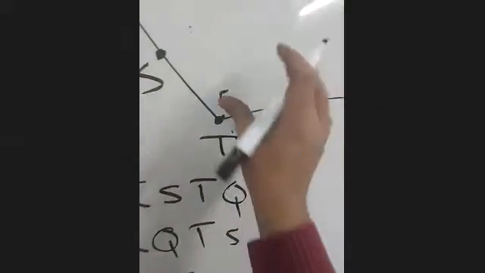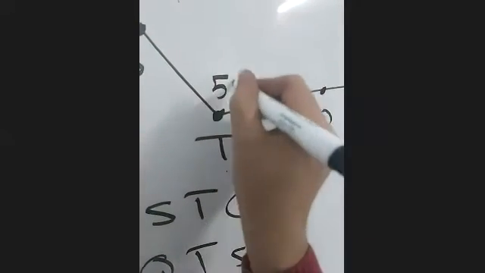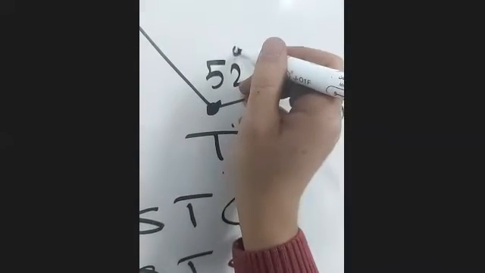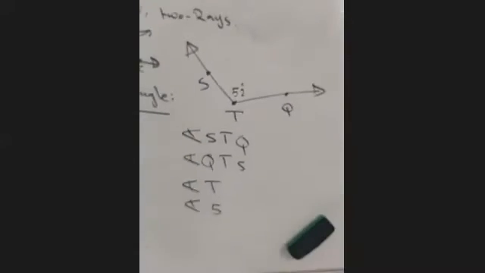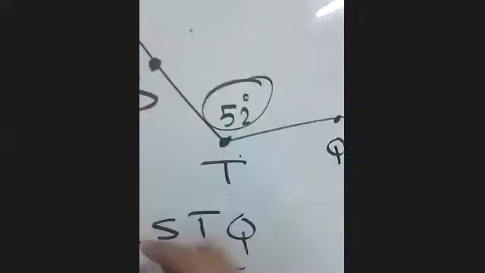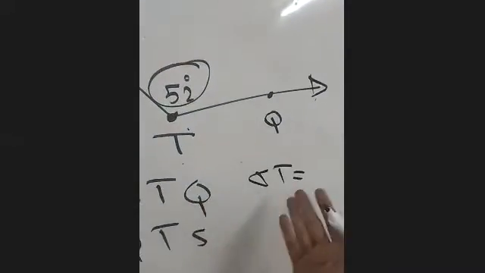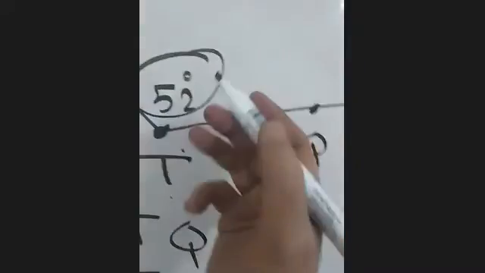But if I write something like this, guys, and it's important, look here. If I write, for example, 52 with a small circle up like this, we call it the measure of the angle, not the name of it. So angle T in this graph here equals 52 degrees.